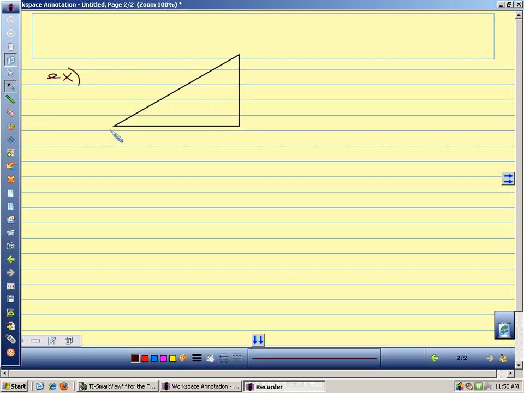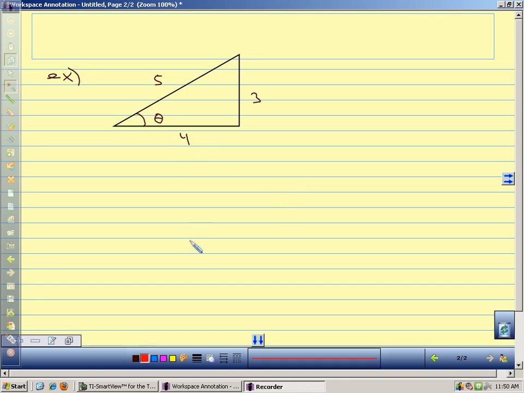We'll say this is our angle theta, and we'll make this a 3, 4, 5 triangle. And we want to calculate the sine, the cosine, and the tangent of theta. So we have the sides of our triangle. We just need to write them in the right ratios.